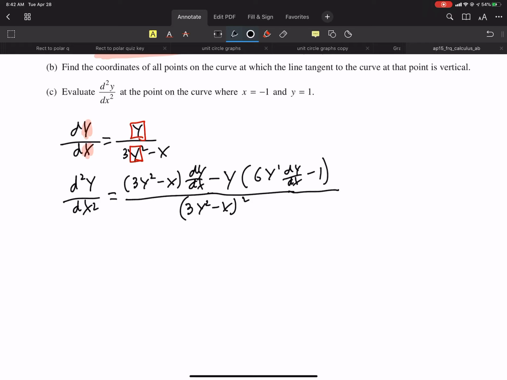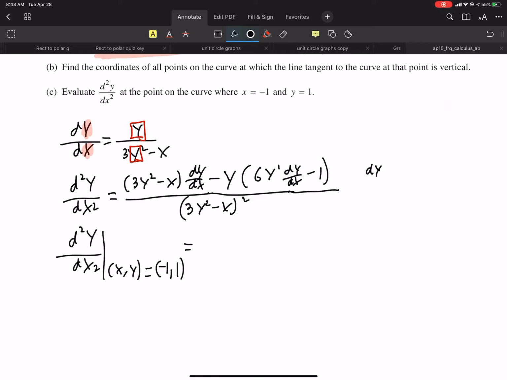Now we want to find this at a specific point. At x, y equal negative 1, 1. So we're going to replace y's with 1, x's with negative 1. But what do we do with the dy dx? We could put all of this here and all of this here, but instead we're going to do some side work.